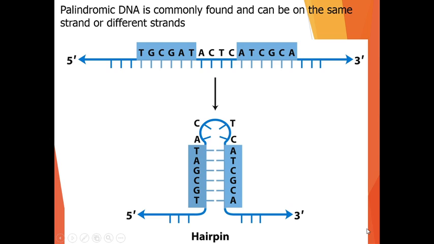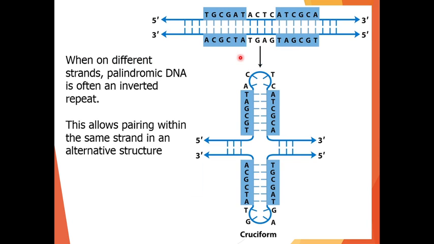When on different strands, palindromic DNA is often an inverted repeat, as shown here. Here there are two strands, and each strand has palindromic sequences. In this case, this forms what is called a cruciform structure.